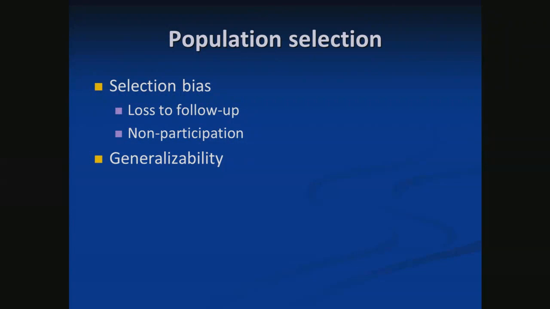Okay, non-participation is kind of the same issue. People cannot participate to begin with or leave in the middle of a study. And then there's the issue of generalizability. So if I've selected a population, like for Framingham, the first Framingham studies of middle-aged white men, that was the population available at the time, or this study was done on them at the time. But when you do your data inference, you have to keep that in mind.